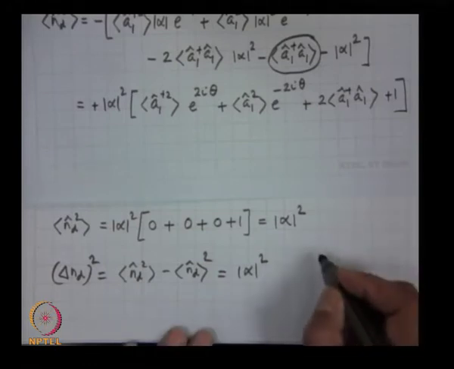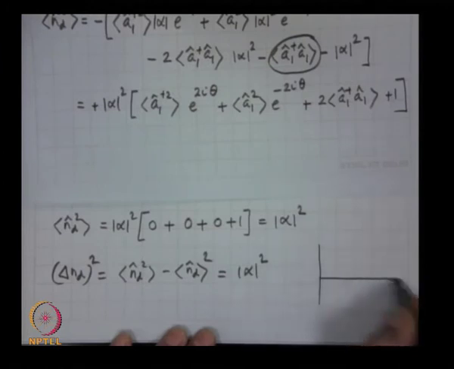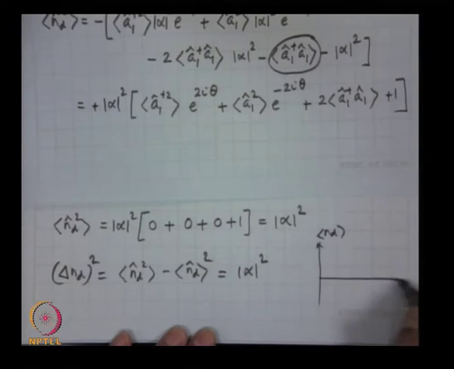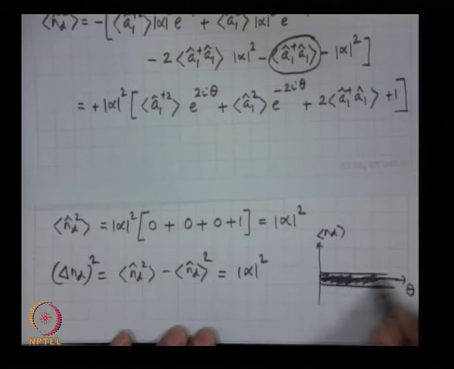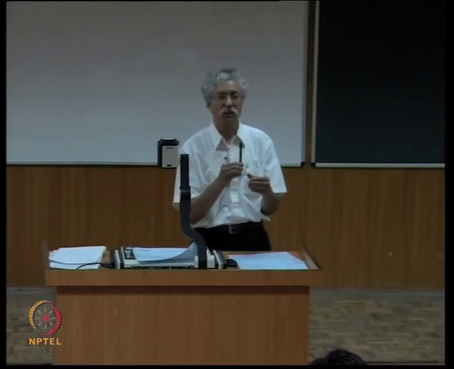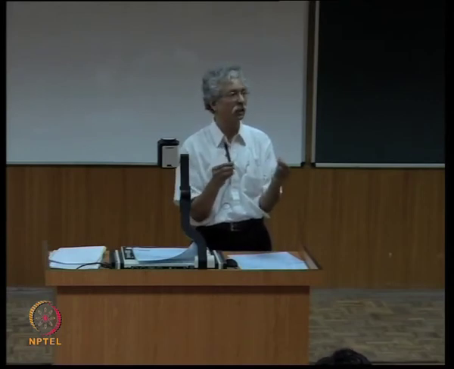So if you were to plot this as a function of theta, what I will do experimentally is choose one theta value and measure many times the signal that I'm getting.